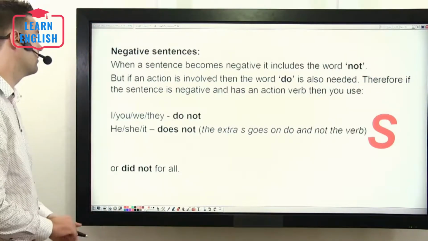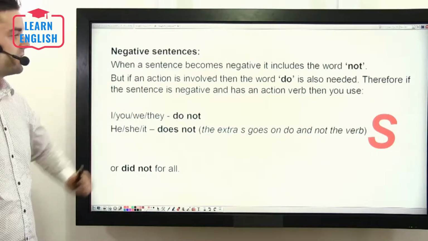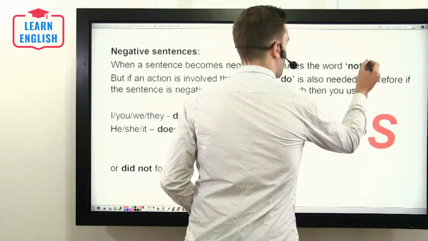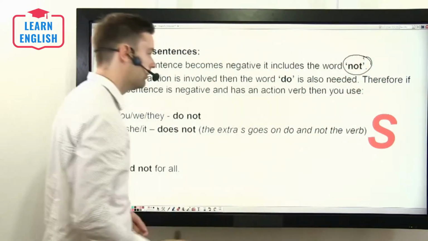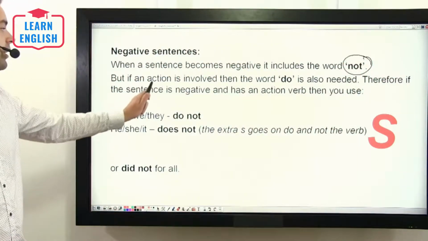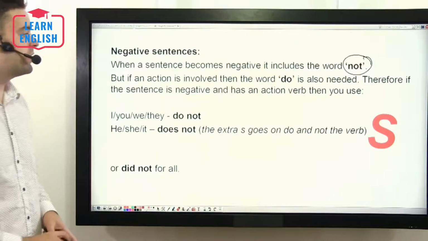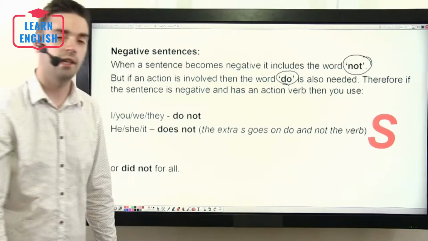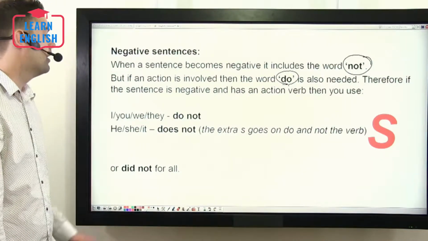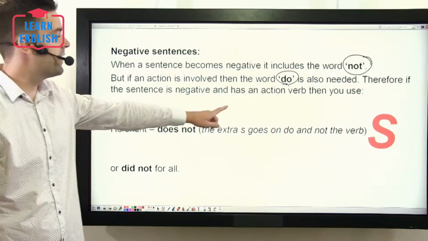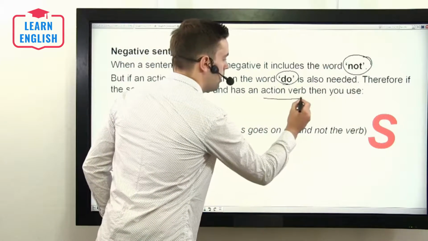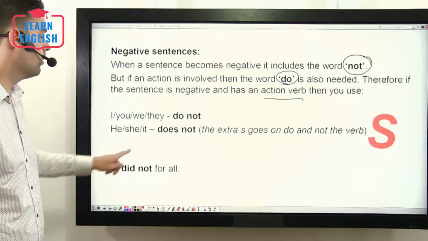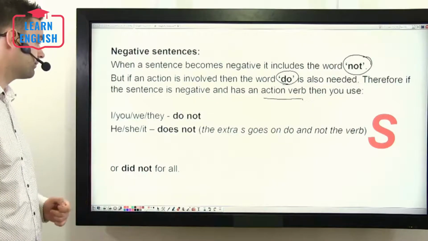Negative sentences. When a sentence becomes negative, it includes the word not. But if an action is involved, then the word do is also needed. Therefore, if the sentence is negative and has an action verb, then you use do not or does not.